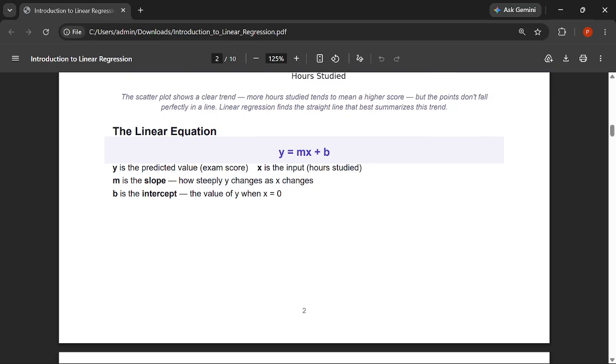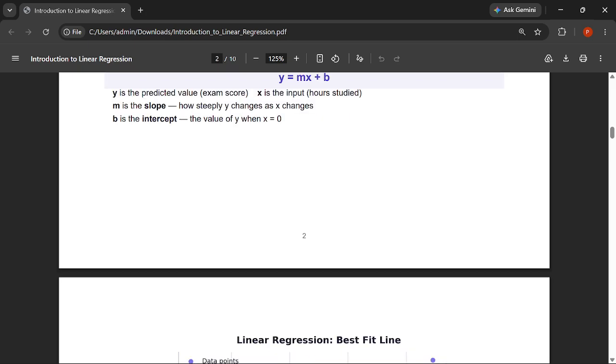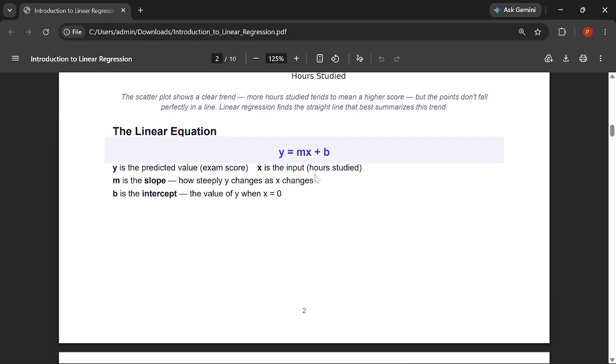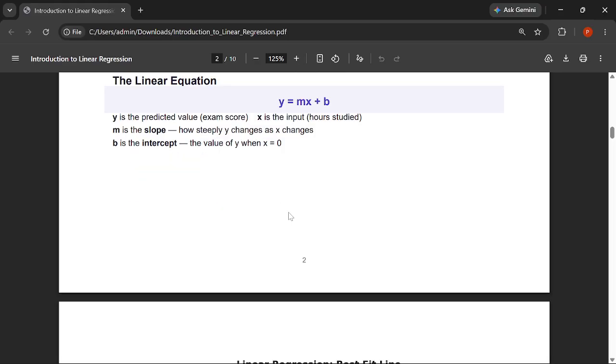So what is y? y is the predicted value, the exam score, and x is the input value which we have to provide. m is nothing but the slope, how steeply y changes as x changes. Let's discuss it afterwards. And b is the intercept, the value of y when x is equal to 0.